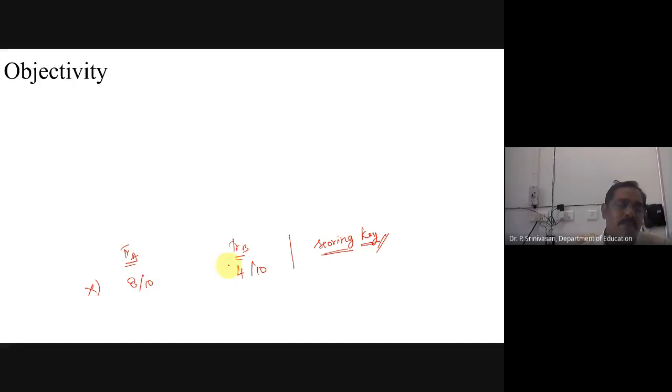But these two teachers have not seen the scoring key. This has come because of bias, because of personal bias.